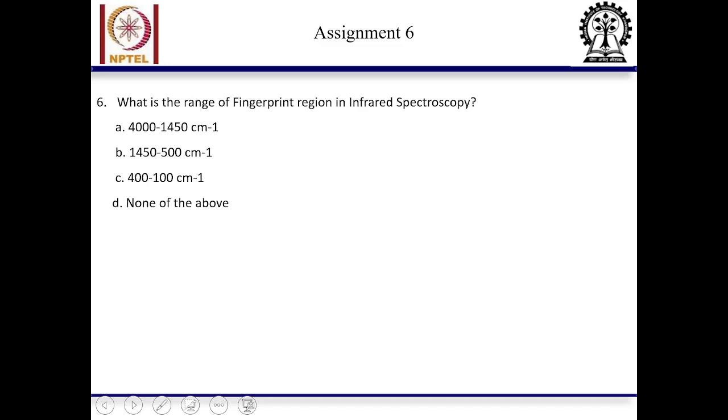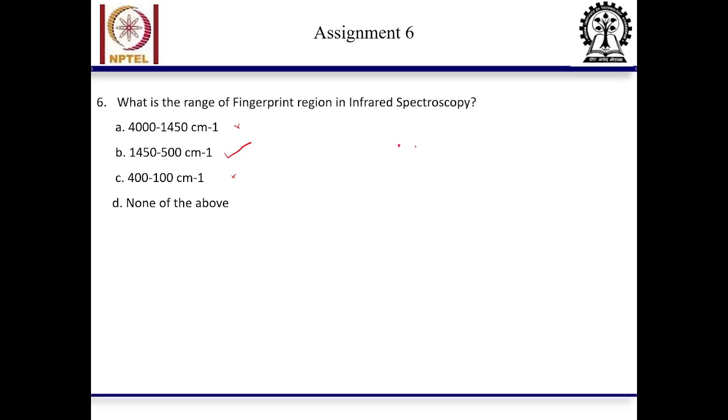Okay, so this is also wrong. This is the correct answer for the fingerprint region. Why is this called the fingerprint region?